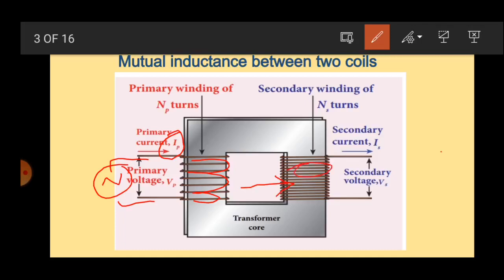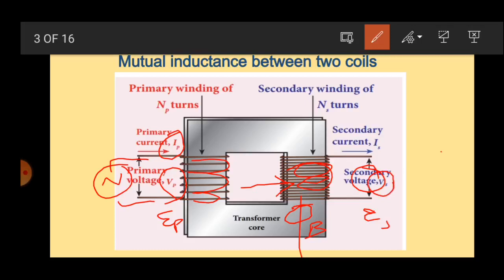The magnetic flux phi changes and an EMF is produced in the secondary coil, that is epsilon S. Here the primary EMF is epsilon P, or we call it VP, the primary voltage, and VS is the secondary voltage. So this is the construction.